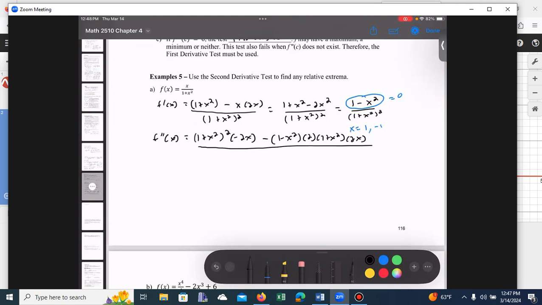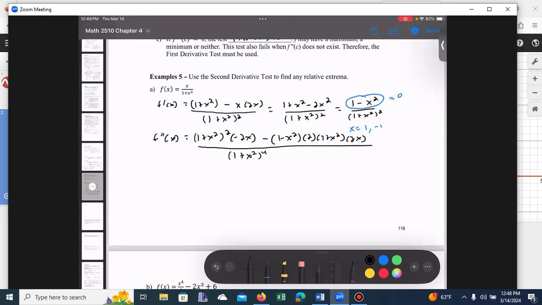All of this over 1 plus x squared to the fourth. Right, very similar to the one we did at the last problem of the previous video. So we'll kind of do the same thing.